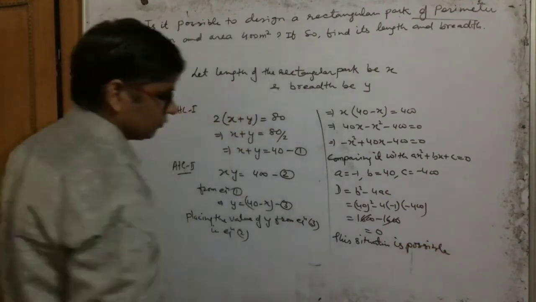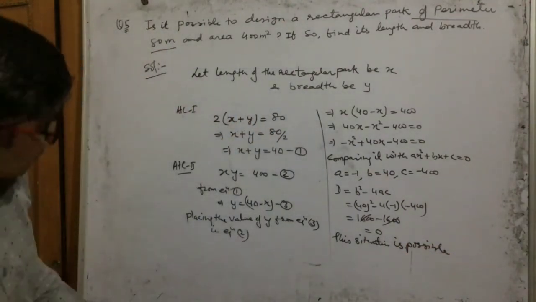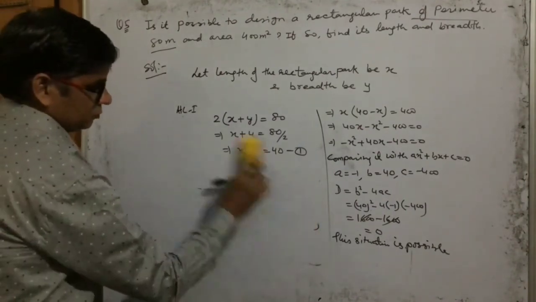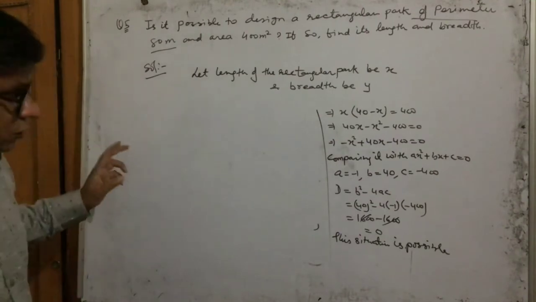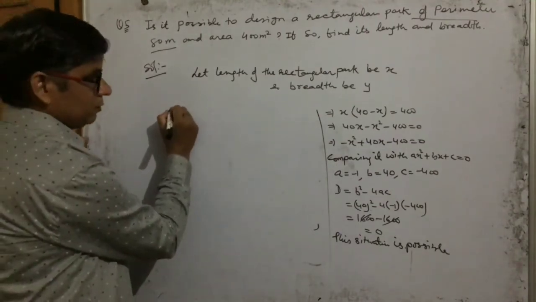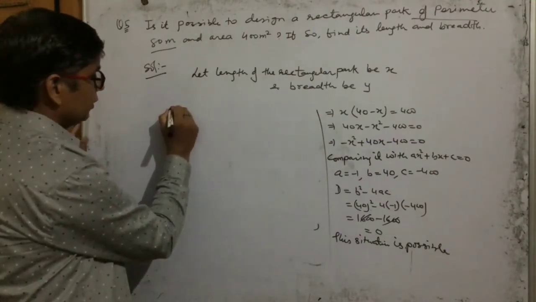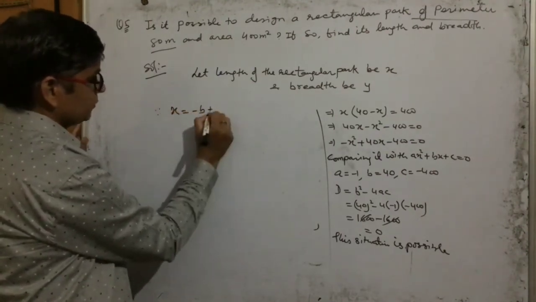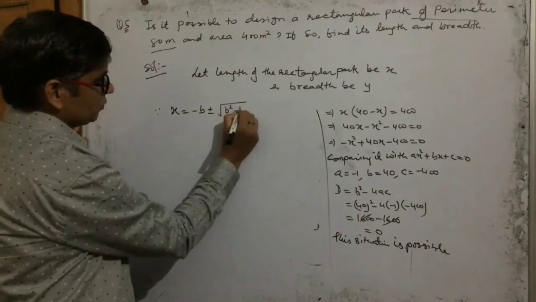Now we have to find the roots of this equation. By the quadratic formula, x equals minus b plus minus under root b square minus 4ac upon 2a.